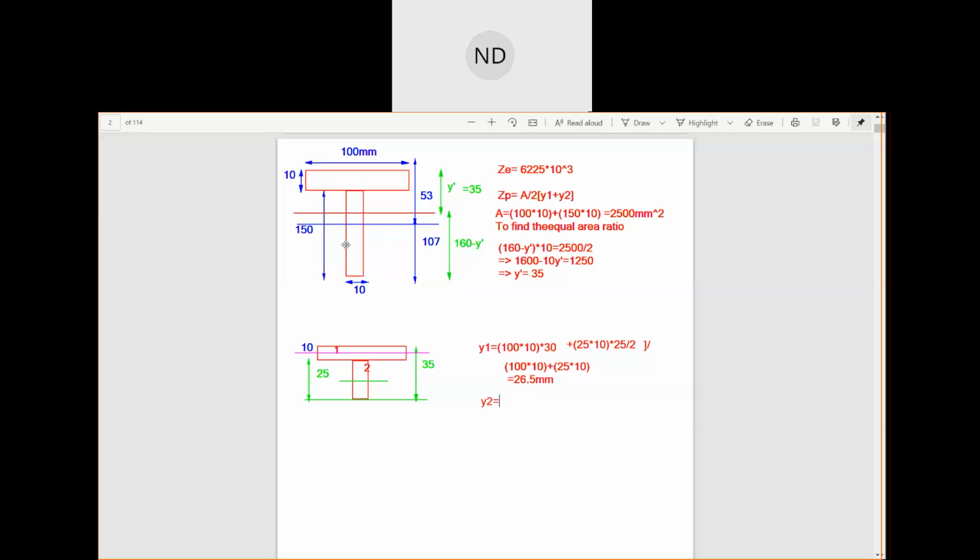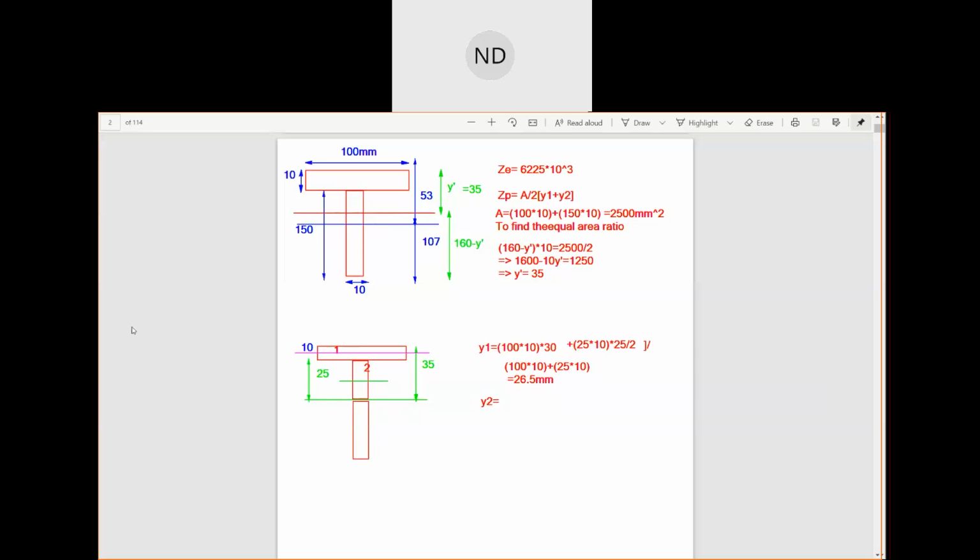For this, only one single rectangular member is there. This portion is below the equal area axis, the red one.